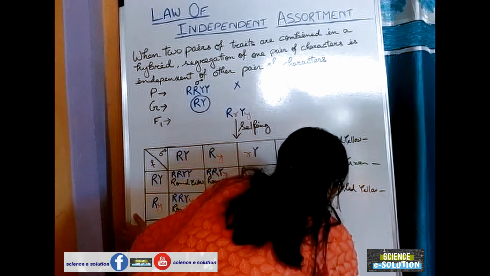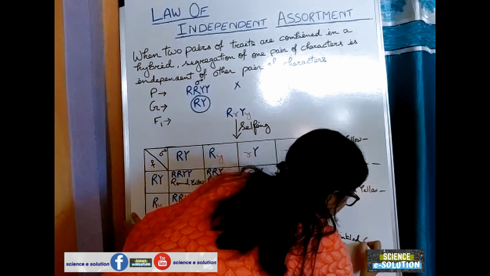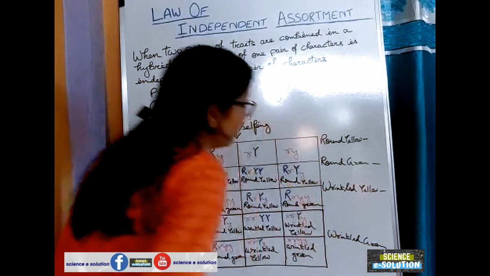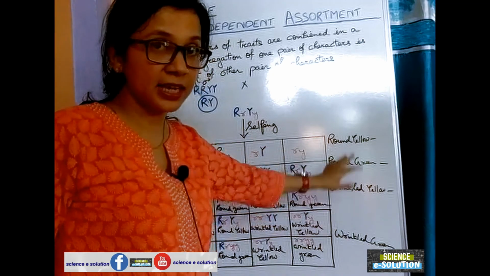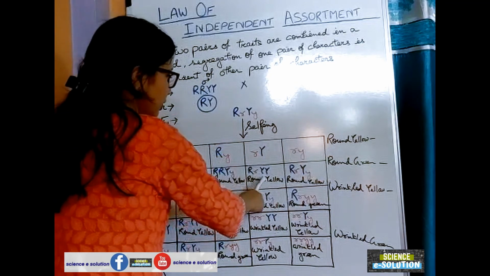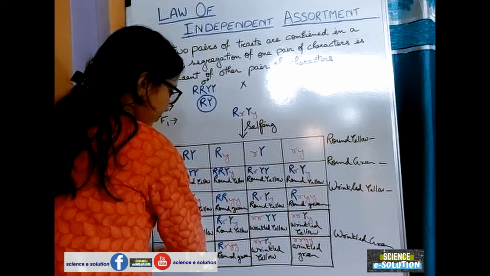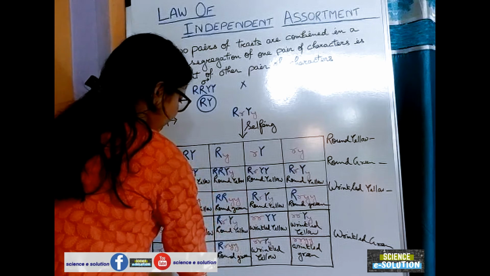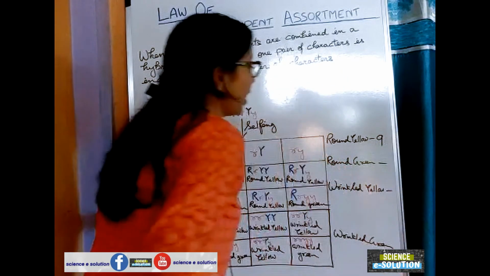And the fourth type is wrinkled green. So let me count out of 16 how many progenies are round yellow. 1, 2, 3, 4, 5, 6, 7, 8 and 9. 9 F2 offsprings are round yellow.